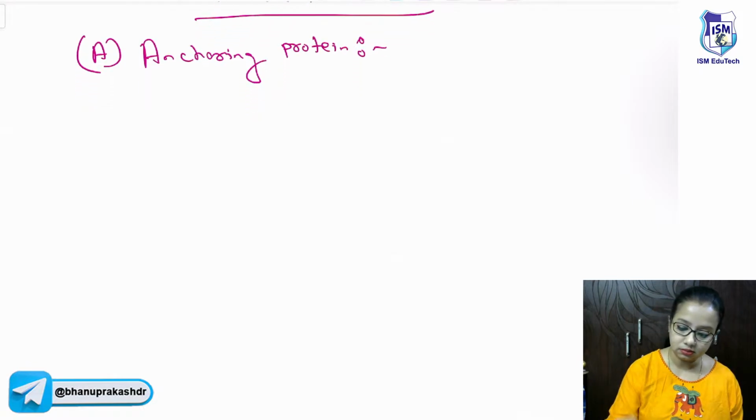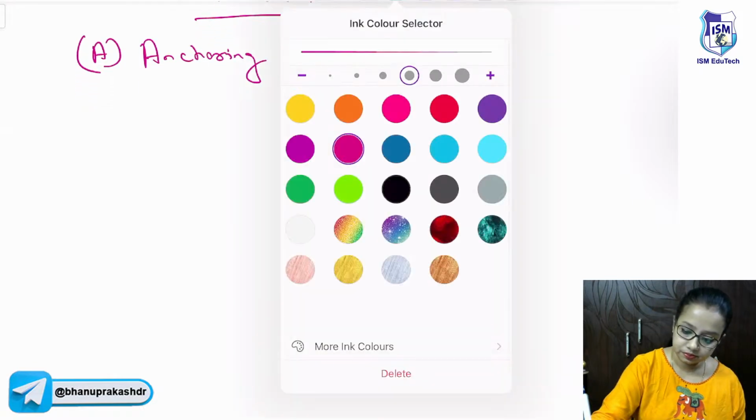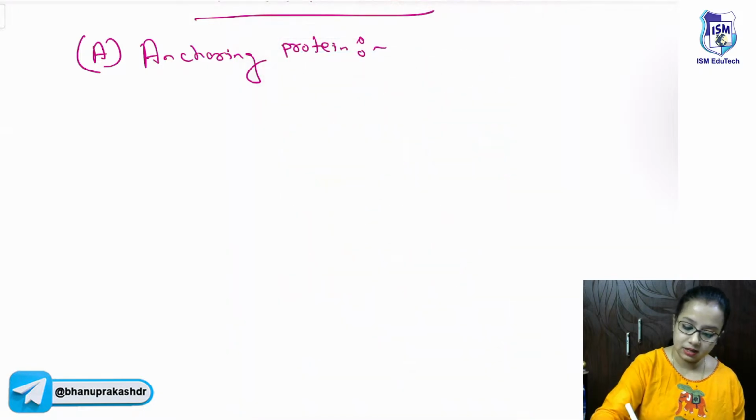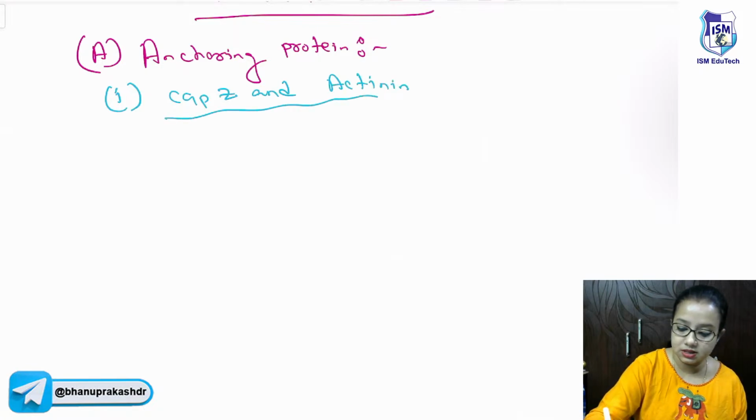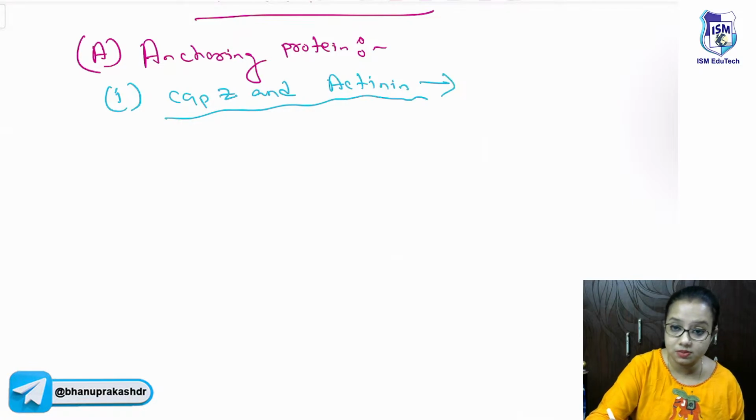Okay. So the anchoring proteins are CapZ and actinin. Now, what are CapZ and actinin? We know what the lines are. We know Z line, M line, H line, all the lines.